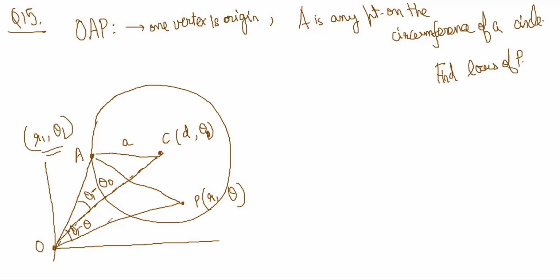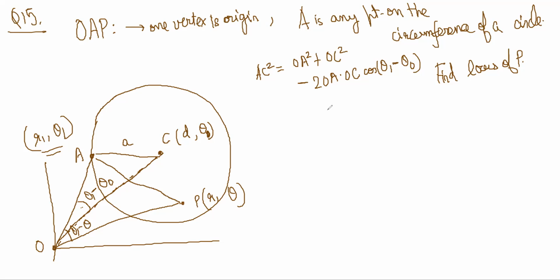So let's think about it. One relation that you have is AC square is equal to OA square plus OC square minus 2 OA OC cos of this angle, cos of theta 1 minus theta 0.